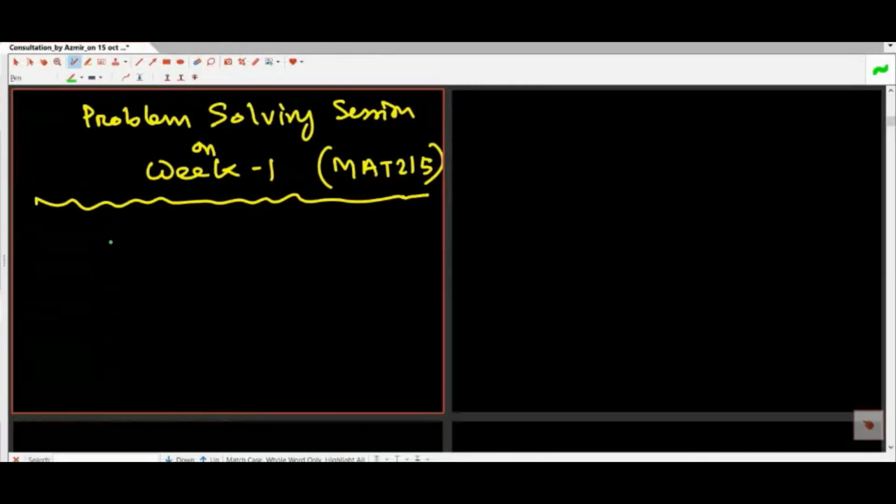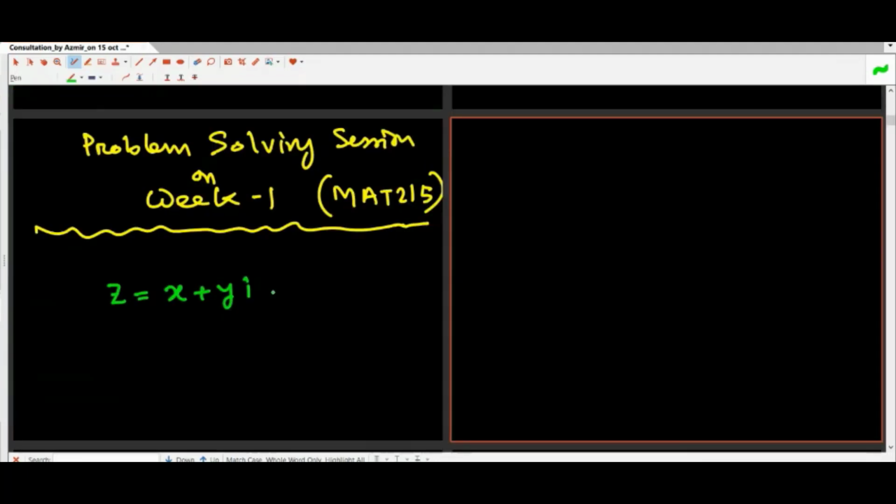So you already know that any complex number is written in this form, that is Z equals x plus yi, where x and y both are real numbers.